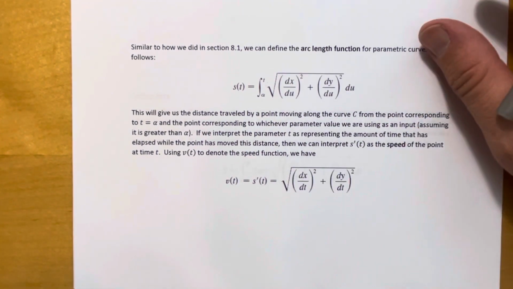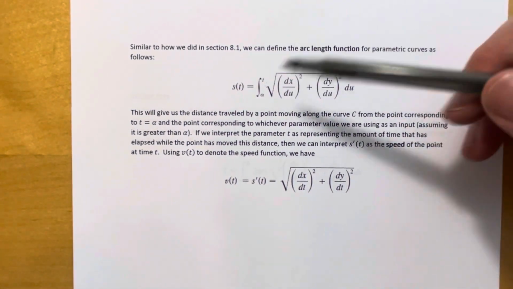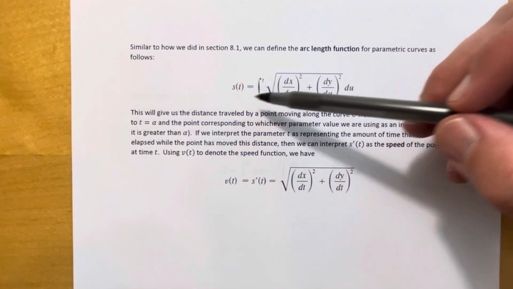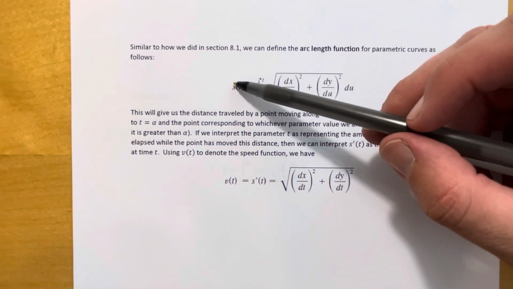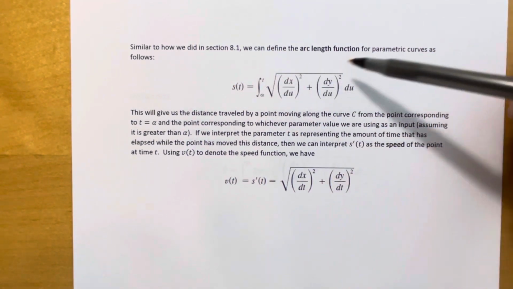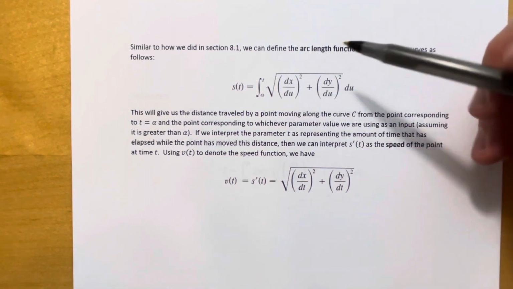But what does that mean practically? What would be the point of differentiating that? Well, you can think of s(t) as a position function, because what it tells me is the length of an arc from alpha to whatever we plug in here.